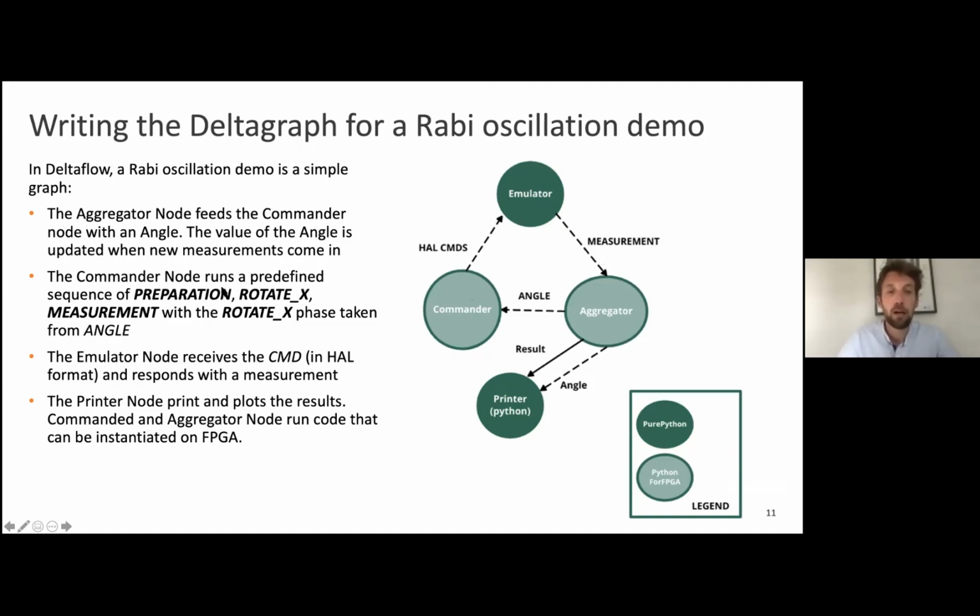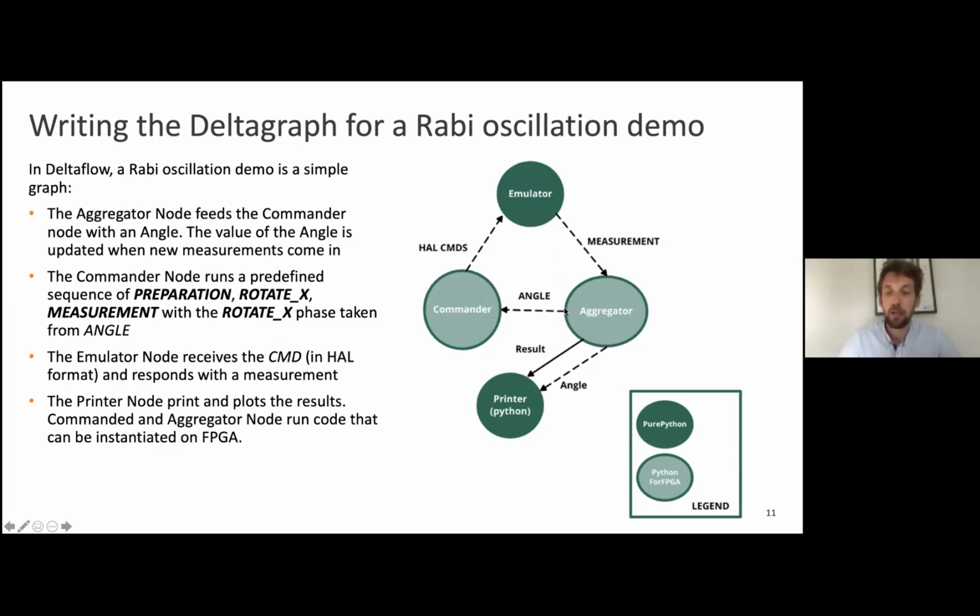And these commands are always the same in a way: preparation, rotation, and measurement. But because we want to show you some of the low-level control capabilities of Deltaflow, we can change the angle in the rotation. The rotate X, as the name says, is a rotation across the X-axis, and we have a variable angle that is generated by this aggregator node.